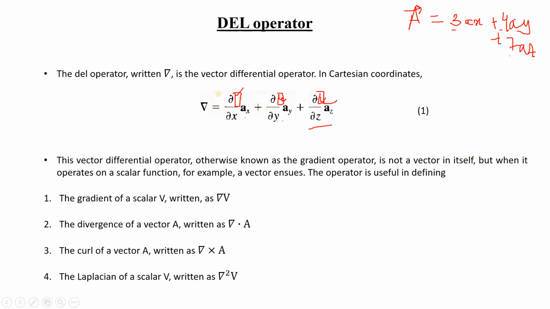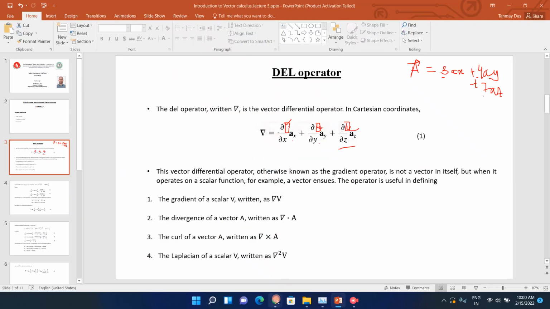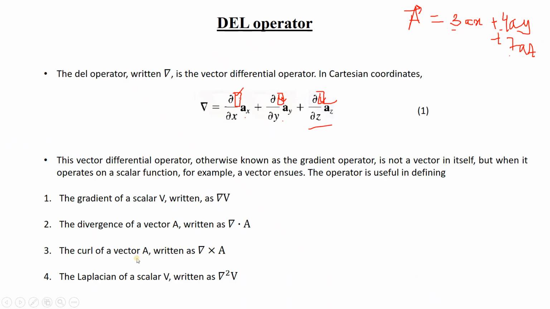The del operator is not only applied on a vector, it is also applied on a scalar. Before that, there are four different types of applications of the del operator. The del operator can be applied on a scalar.